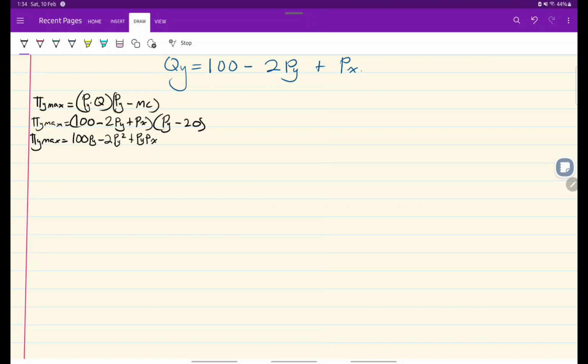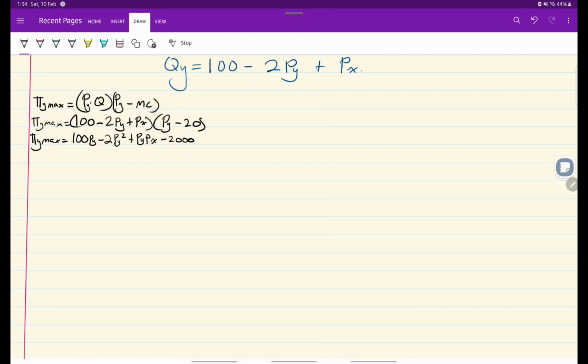$100 times negative 20, same thing. They're actually symmetrical. So I'm going to end up with the exact same thing.